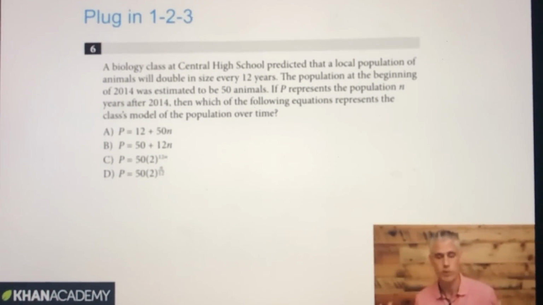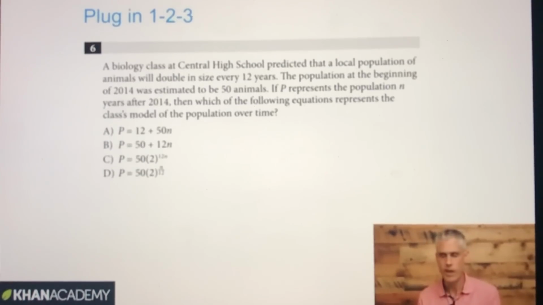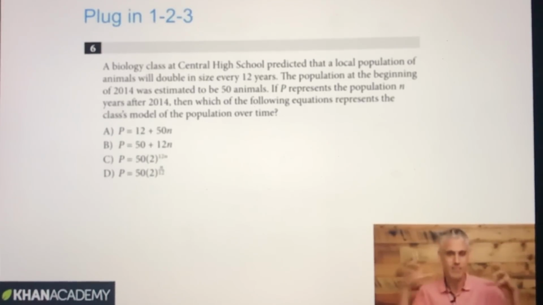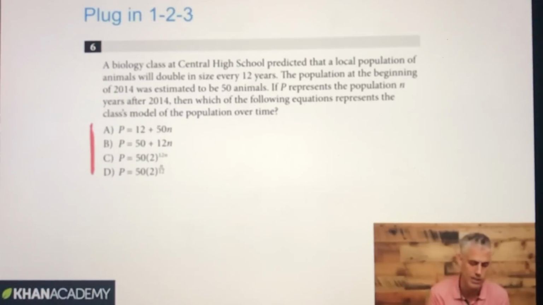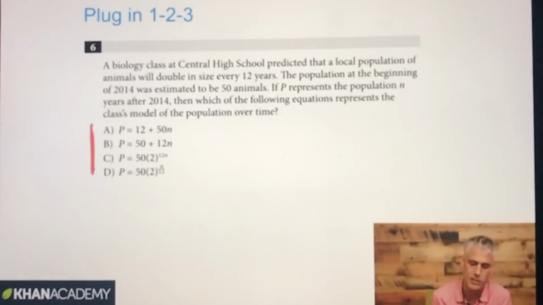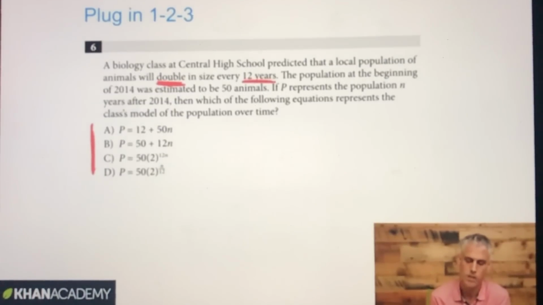And when do we know when to use plugging in numbers? Often it's with algebra questions that you can't really make sense of. So when you're trying to figure out what to do next, when you don't know what you're looking at with equations like this, let's read it first. Okay, so a biology class at Central High School predicted that the local population of animals will double in size every 12 years.